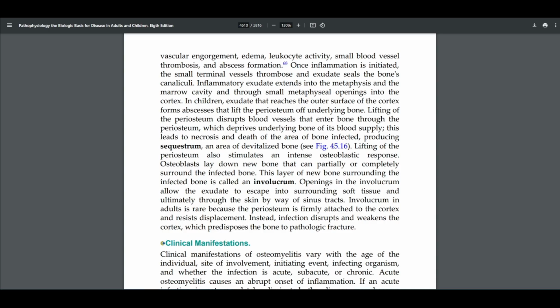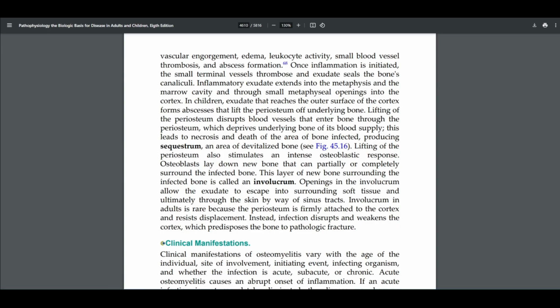Once inflammation is initiated, the small terminal vessel thromboses and exudate seal the bone's canaliculi. Inflammatory exudate extends into the metaphysis and the marrow cavity and through small metaphyseal openings into the cortex.